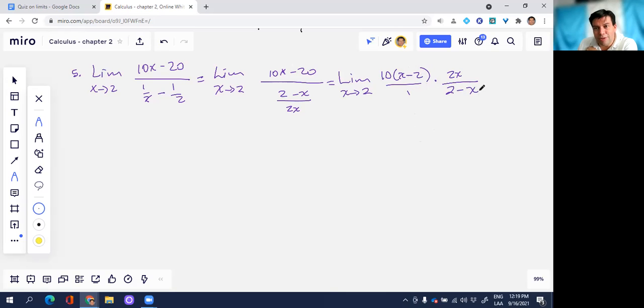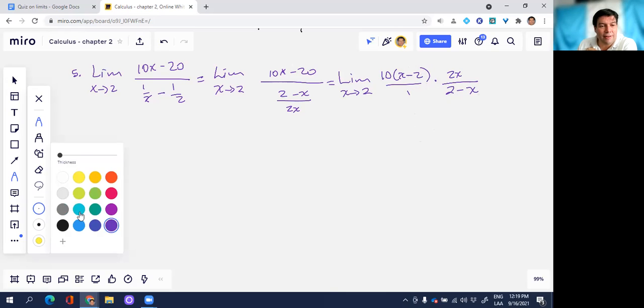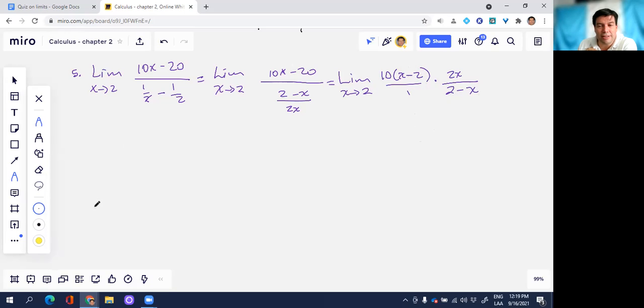So the x minus 2 and the 2 minus x are not the same, they are opposites. That means when we cancel them, we can write -1 in one of them. So these cancel. When you divide opposites, you get a -1.